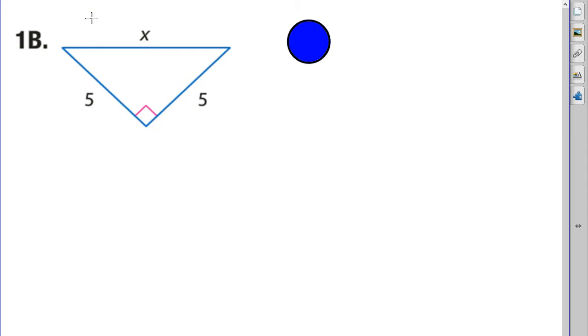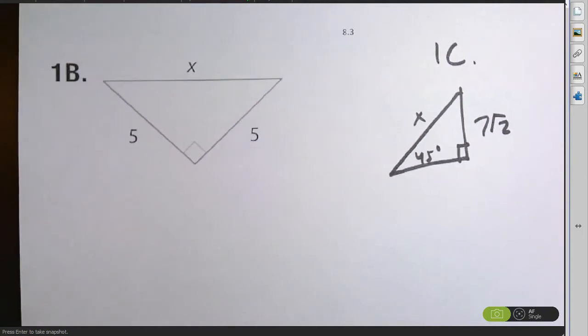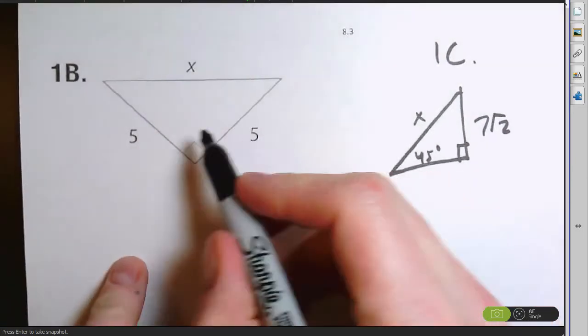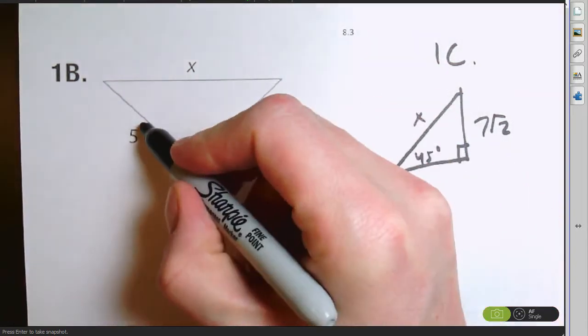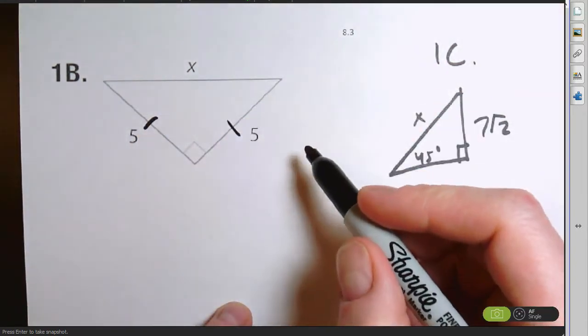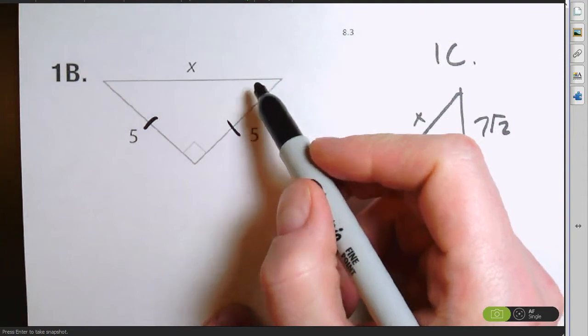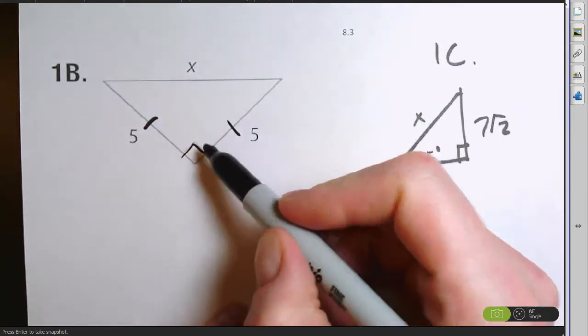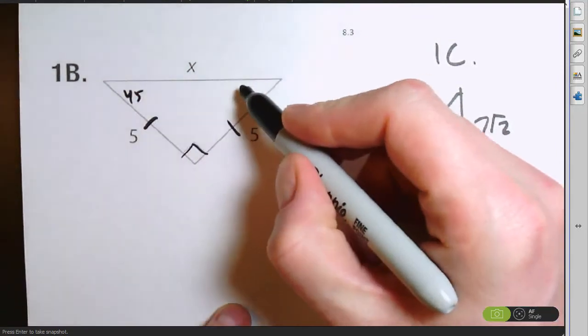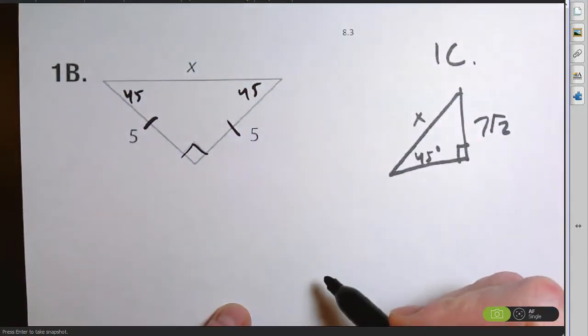Okay, so here's the first one. So you've got leg, leg, and here's the other thing to recognize about this one: it's also for isosceles right triangles. So they won't always tell you 45 and 45, they'll just say 5, 5, and they expect you to go, oh, well, that's isosceles, it's a right triangle, meaning these guys are both 45 degrees because the hypotenuse is 90.